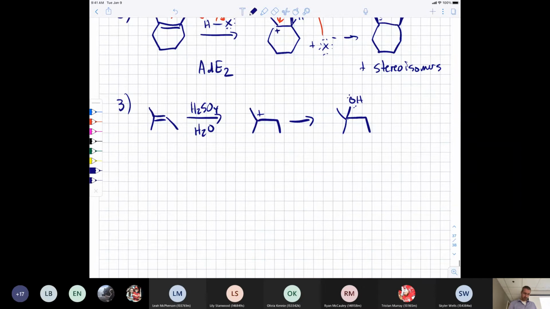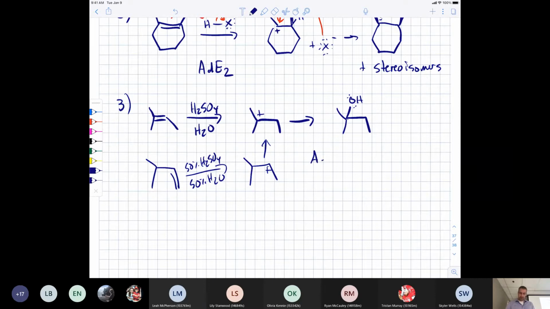If you had a situation like this, you'd make this carbocation, which could rearrange to a carbocation like that. So both of these alkenes will give you the same major product.